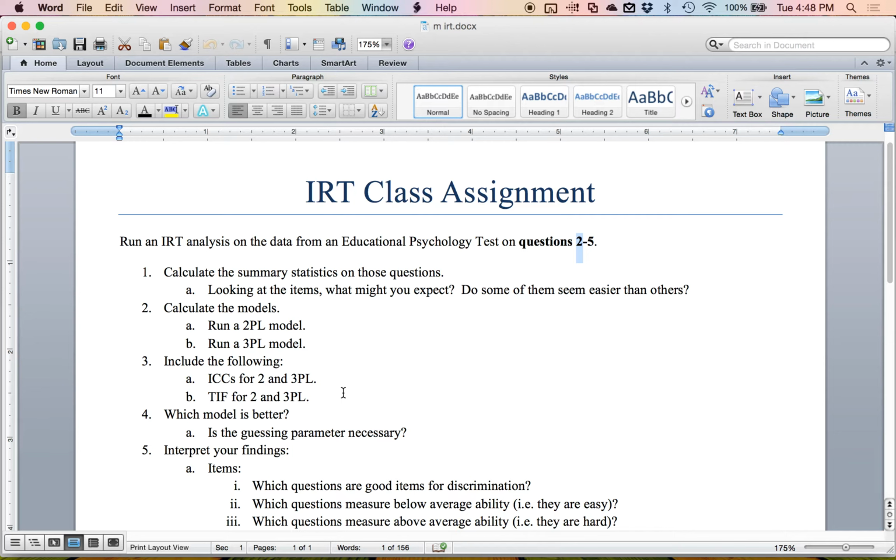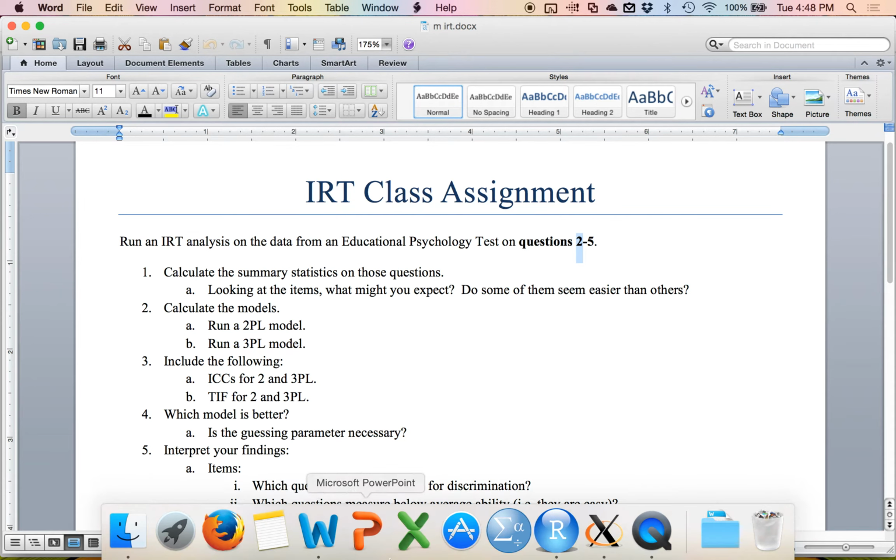This is personal experience, because if I force all the slopes to be the same, if I have some really good questions and some really bad questions, it'll average them all out, and I won't be able to tell you which questions are good and which questions are bad, just where they're measuring. So I like the 2PL and the 3PL, personal choice, or you can test them against each other and see which one runs best. So let's try 2PL now.